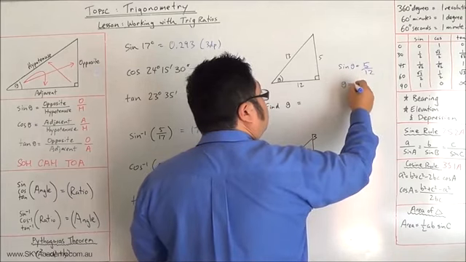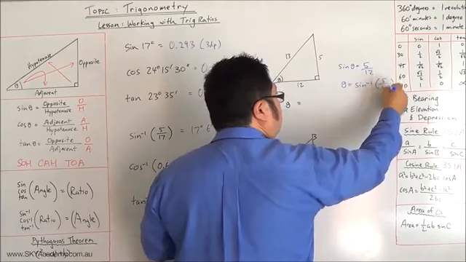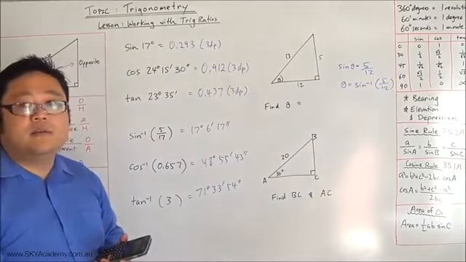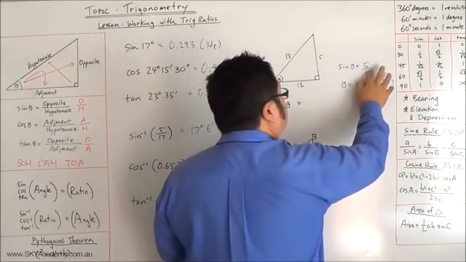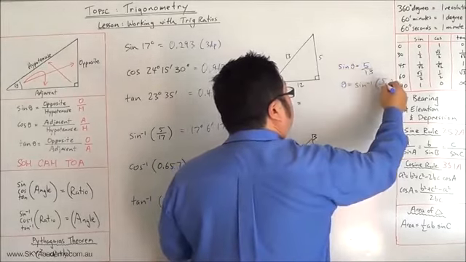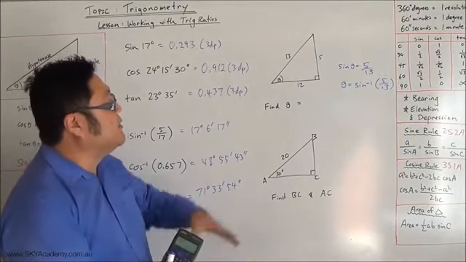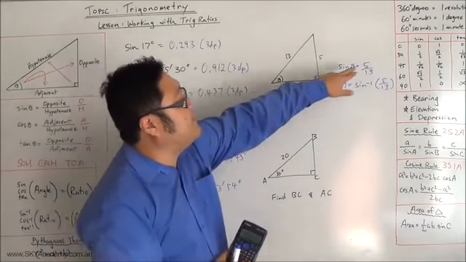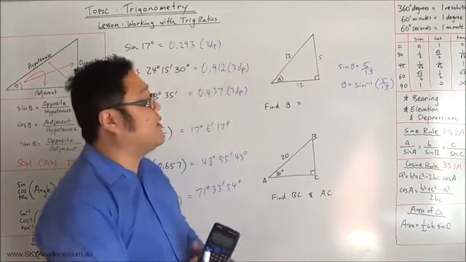So then theta is going to be equal to the inverse sine of 5 on 12. Does that make sense? Sorry, not 12. It should be 13. Alright. And thank you at home for picking up that mistake. Okay? Because 5 on 13 is the opposite over hypotenuse, which is sine. Sine is opposite over hypotenuse.